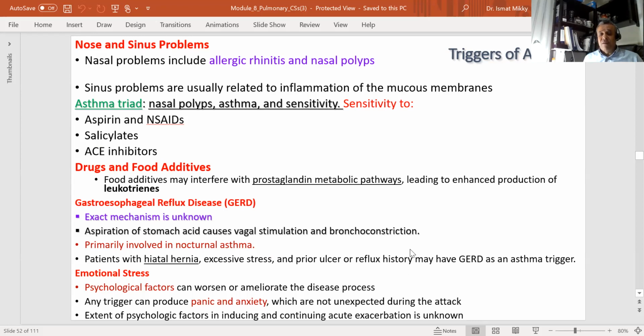We will cover this in pharmacology course. And so patients with asthma probably are going to have even worse symptoms from this classification of drugs.